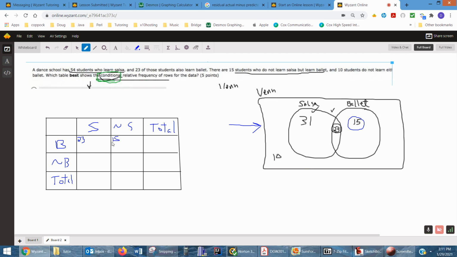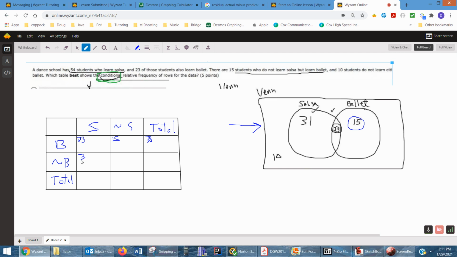And the total that are taking ballet is 38, 23 plus the 15.